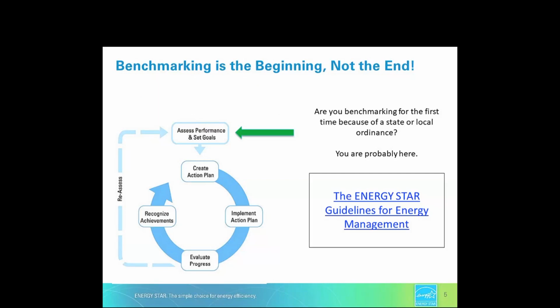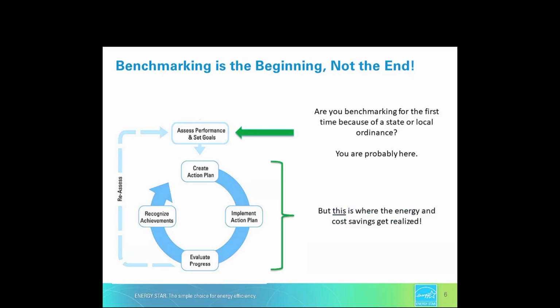In many cases, compliance with state or local benchmarking law is focused on just the first step, the benchmarking, and that is extremely important. But as we discussed in previous webinars, benchmarking itself is not what is going to save energy at your building. It's really what you do with the data that you collect through the benchmarking process, and then through a strategic approach to energy management, that is when you're turning it into meaningful action. So that's really what we're going to focus on today.